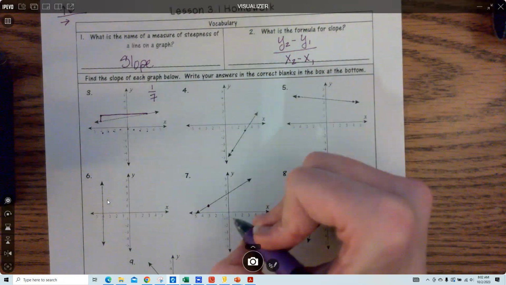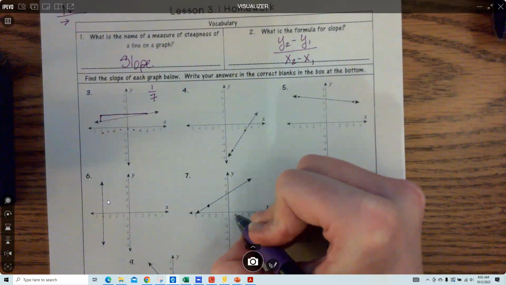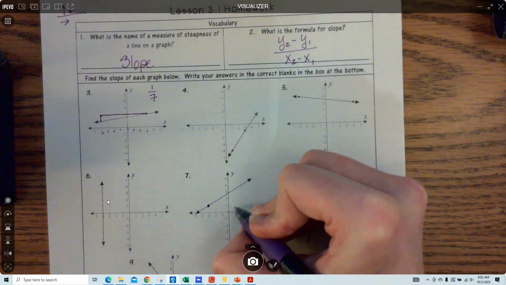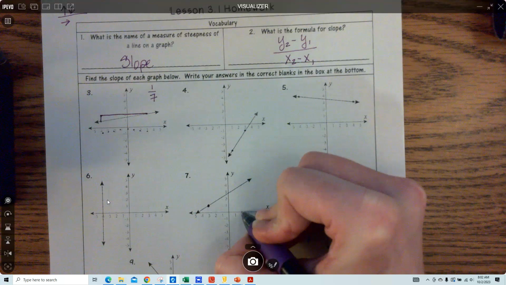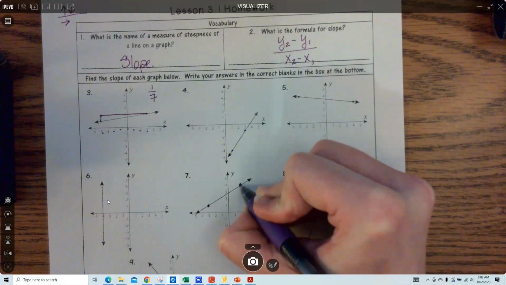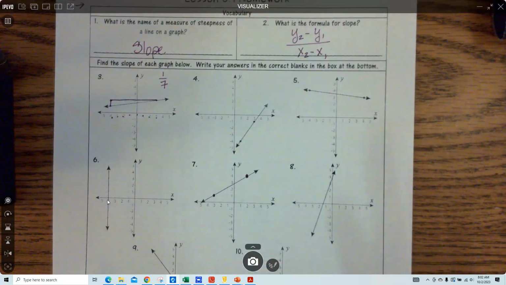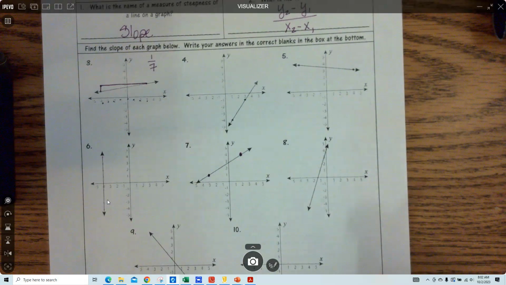And 2, 4 is a good point. I will mark points for you. The copy machine does not like graph paper.